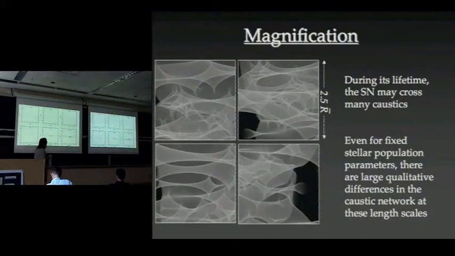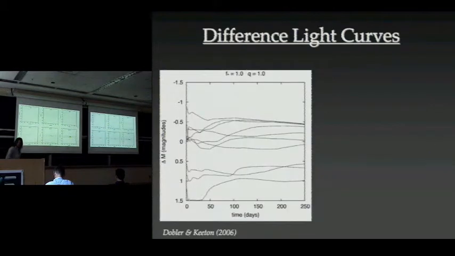So these are images that will not be resolved. This is microarcsecond scales here. So first you see a few dots, and then some more images pop into existence, and then as it gets bigger and bigger, some of the images merge, and out at 200 days, this is sort of what your image configuration is like.